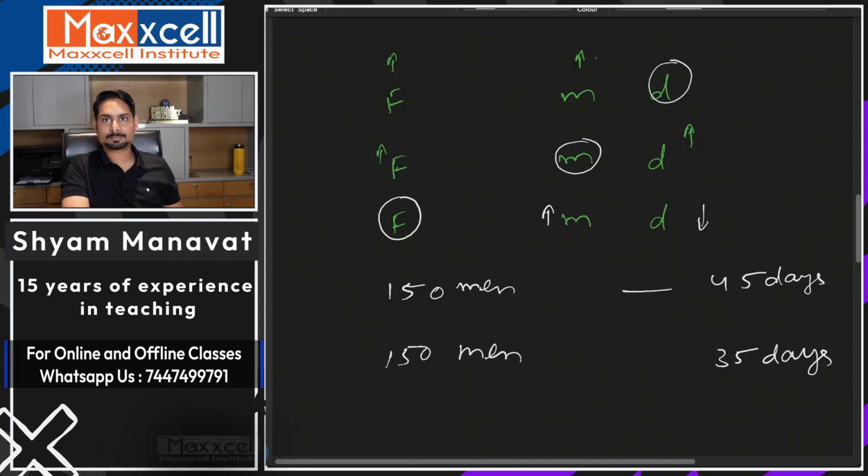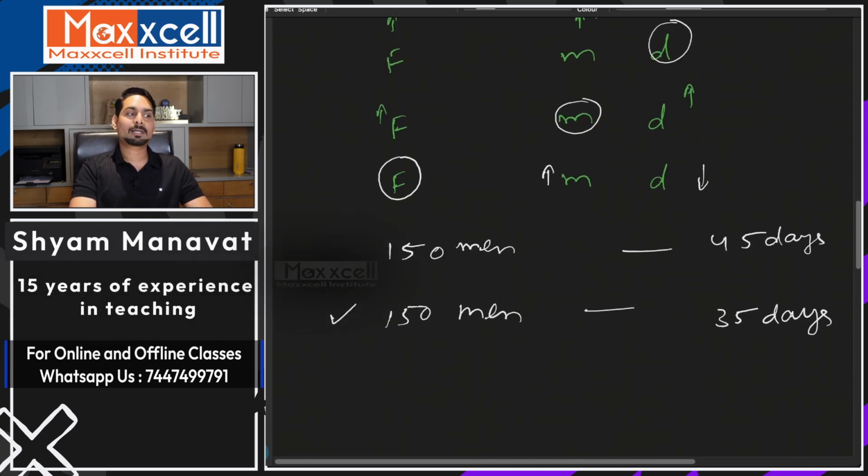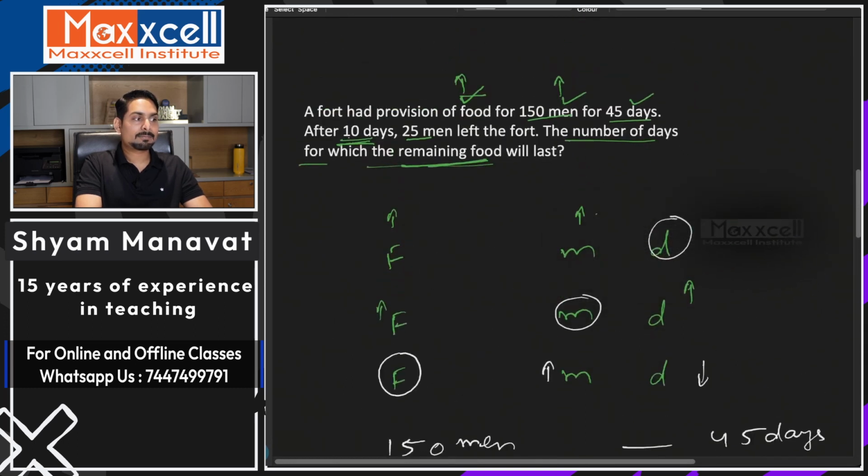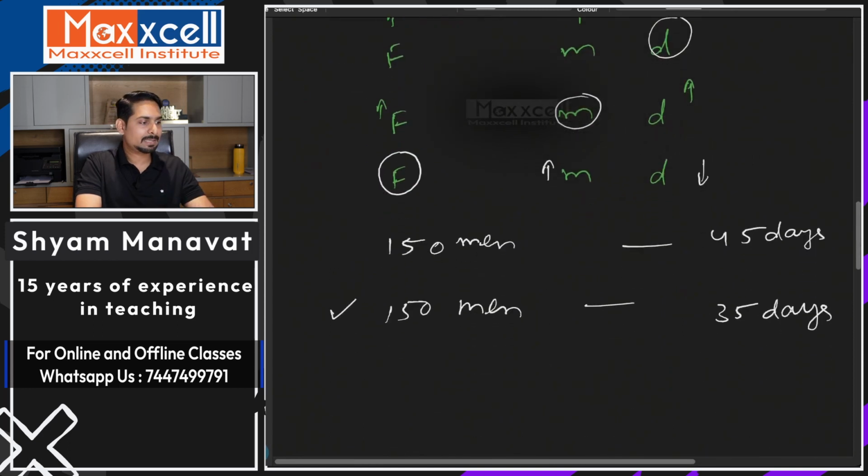Is this part clear to you? If 10 days are gone, then the food will last for another 35 days if the consumption is the same with 150 people. I hope this is fine with you. Now the question said the number of people is also changing. If 25 men left the fort, how many people are remaining? 125 men are remaining.